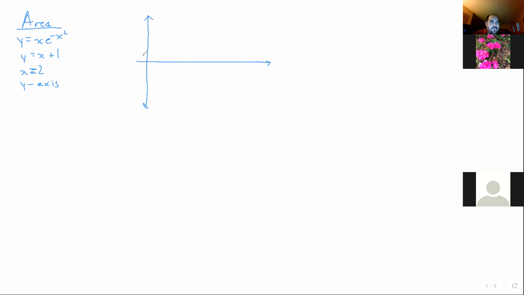So really x equals 0 and x equals 2 are my left and right boundary. And x plus 1, this is not going to be to scale at all, but that's fine. So there is y equals x plus 1.